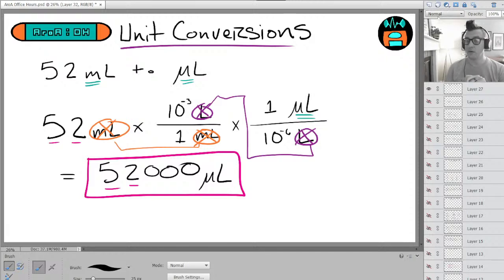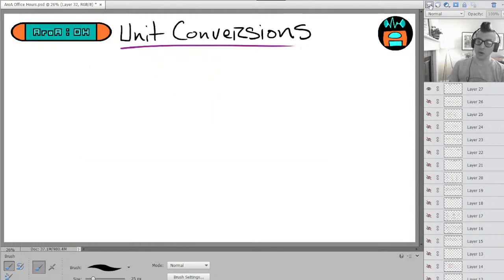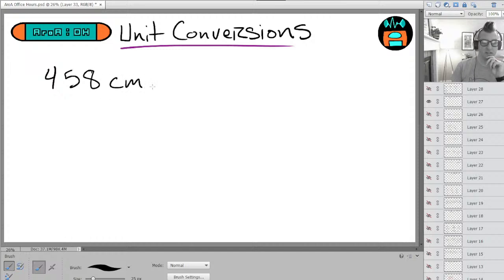All right. Now, we've been doing all of these unit conversions within the metric system. I do want to do one example of going metric to English. So let's take 458 centimeters, actually, meters, and convert this to feet.